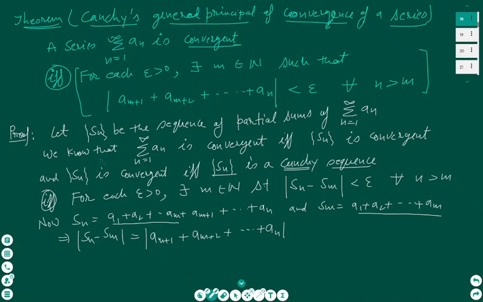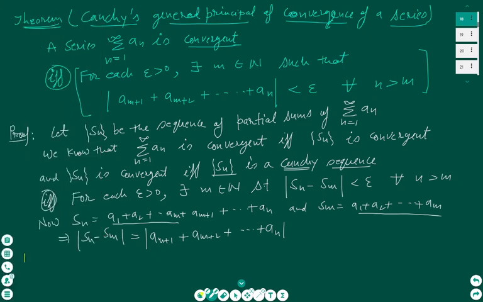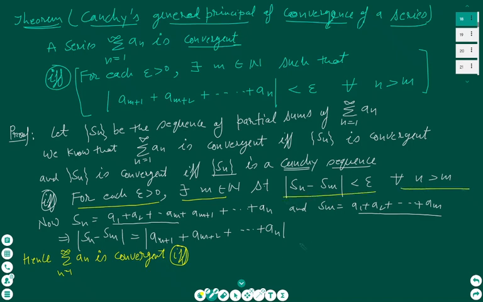Hence what we have shown is that the series an is convergent if and only if for each real number epsilon positive, there exists a natural number m such that |Sn - Sm| is less than epsilon for all n greater than or equal to m.